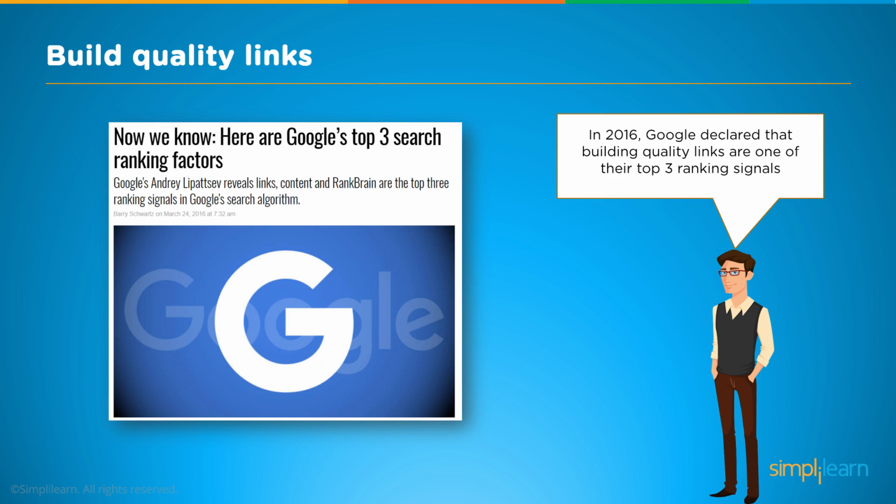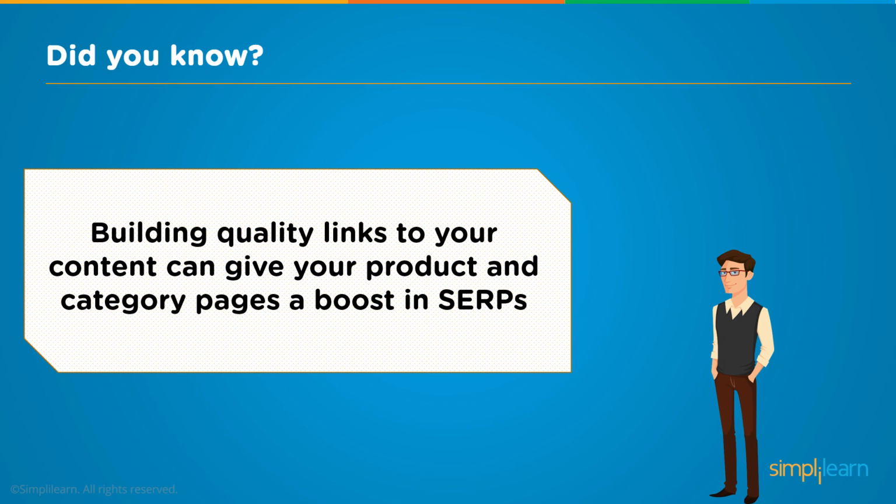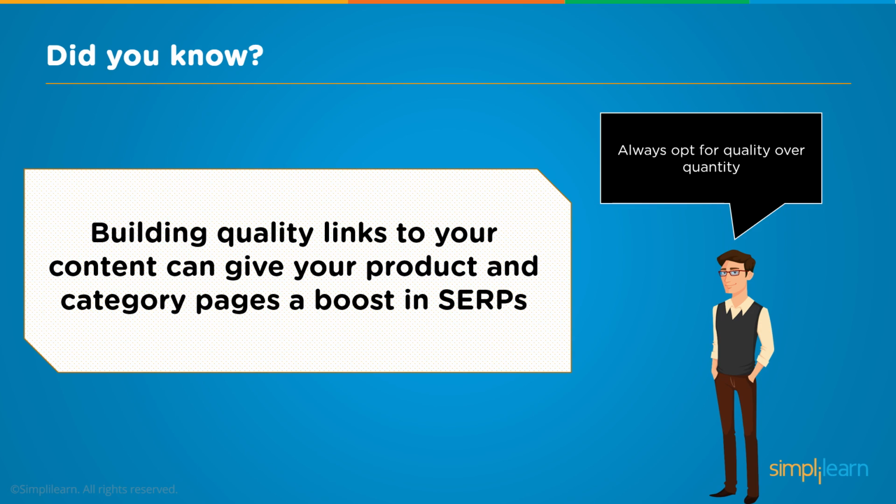That falls under off-page SEO. You need to build references and links on quality sites. Building quality links to your content can give your product or category pages or even content or blog posts a boost in the SERPs. It's all about quality over quantity, so it's always building quality links, not quantity.